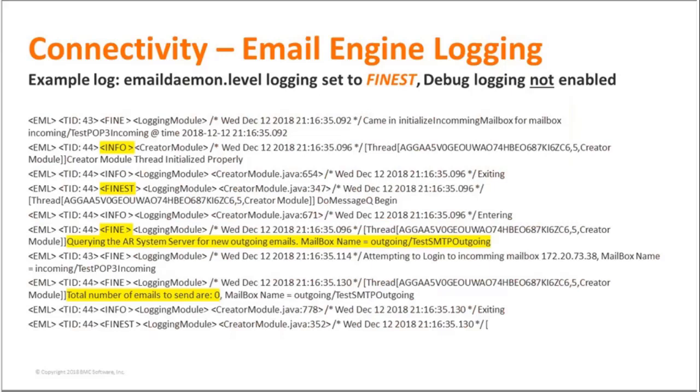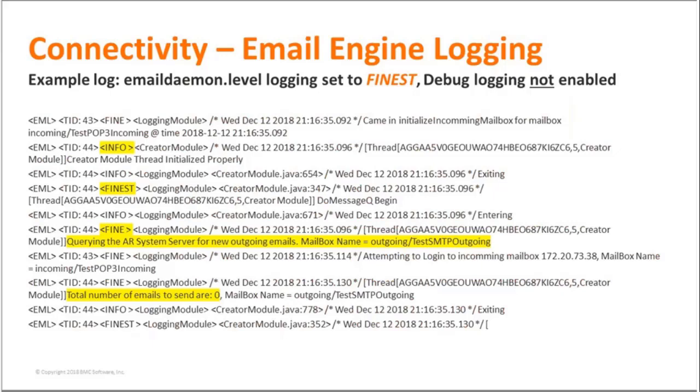Looking at an example of logging, here we see the email daemon level was set to finest, but this doesn't include any debug logging. As you can see by the highlighted lines, the finest level includes logging for all the various levels, such as info, fine, and finest, and for each module that it will log for. So it would include severe as well.